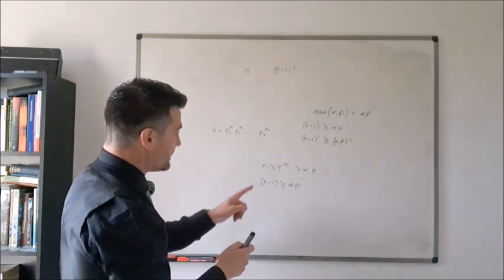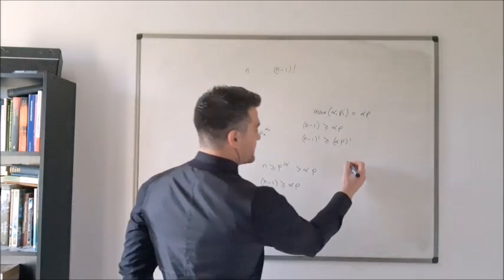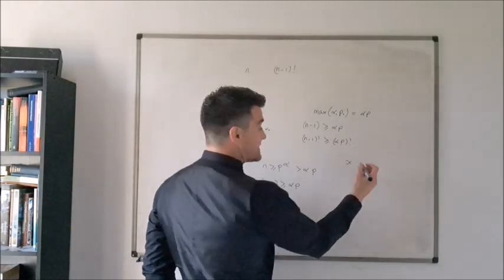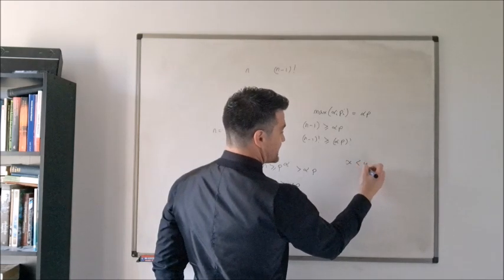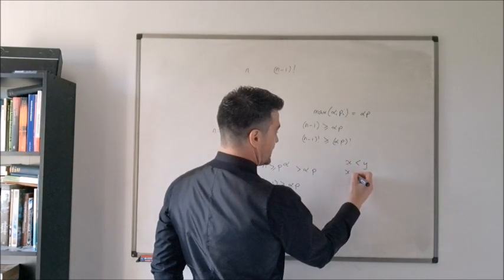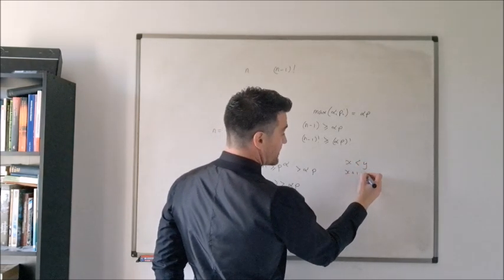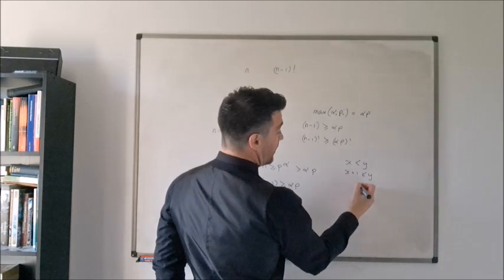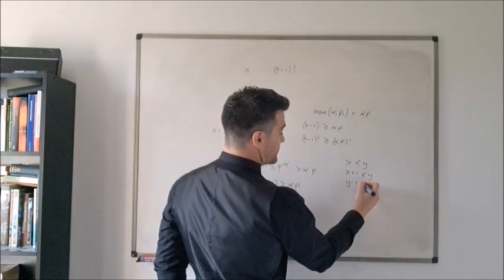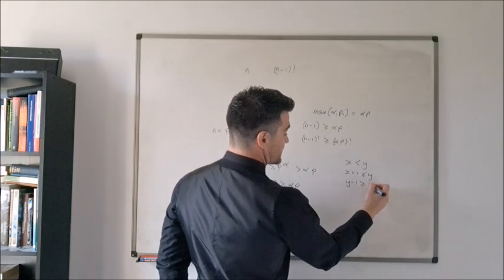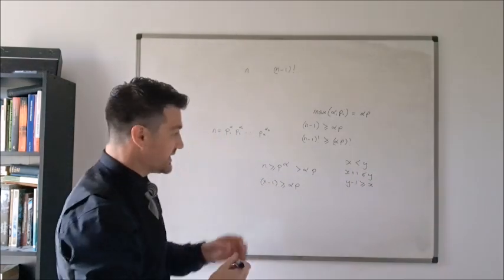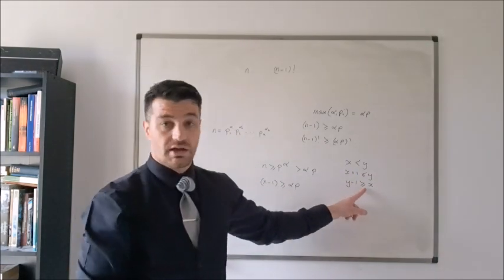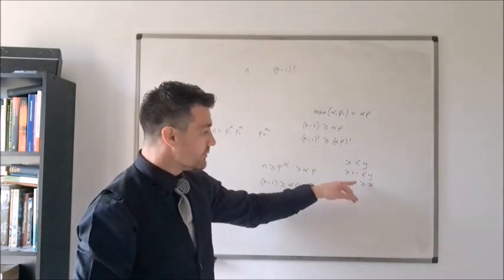Right, so why is that, by the way? Well, if x and y are positive integers and x is less than y, then x plus 1 is less than or equal to y, or conversely, y minus 1 is greater than or equal to x. So this strict inequality can be turned into a weak inequality in one of two ways.